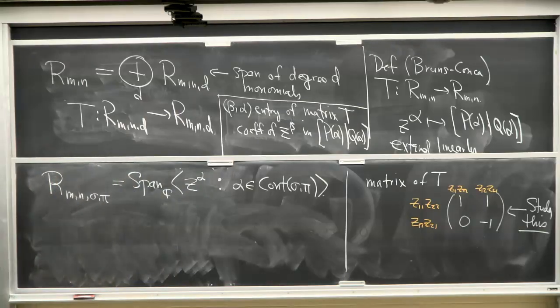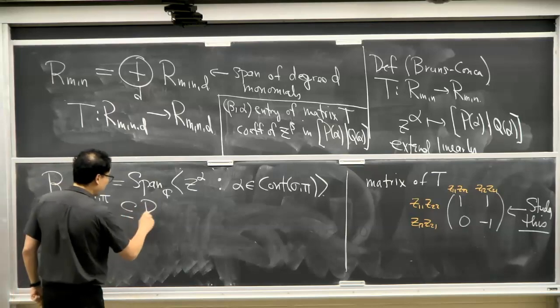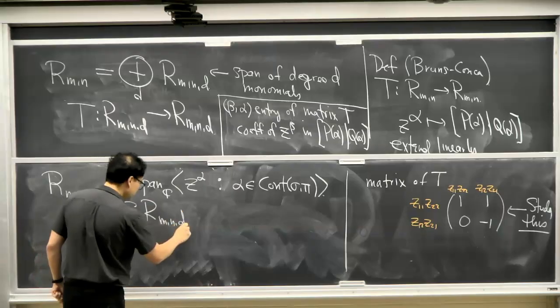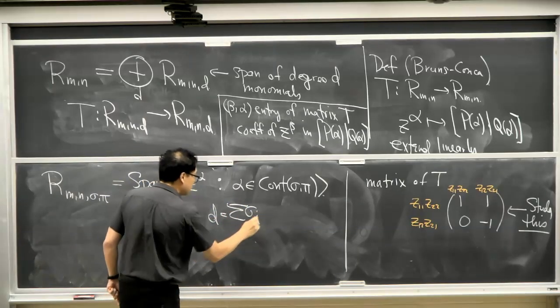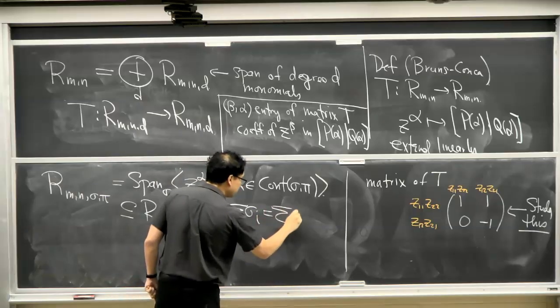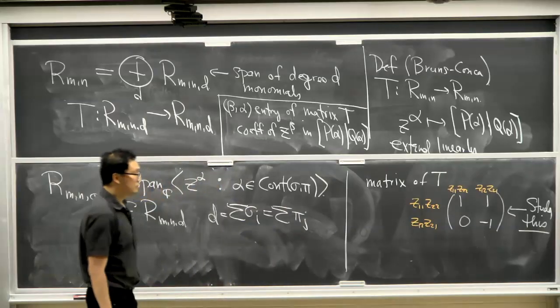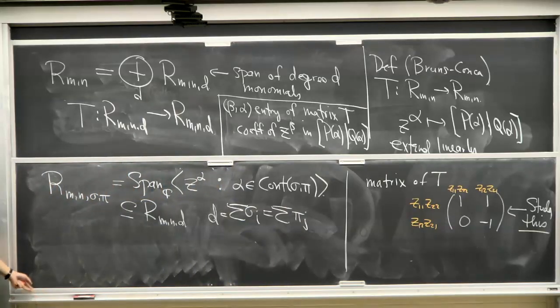Now, if you have a matrix which satisfies these properties, then evidently the sum of the sigmas equals the sum of the pi's, and then some number, let's call it D. And so therefore, this is a subspace of R^(MN) of degree D. Any questions?